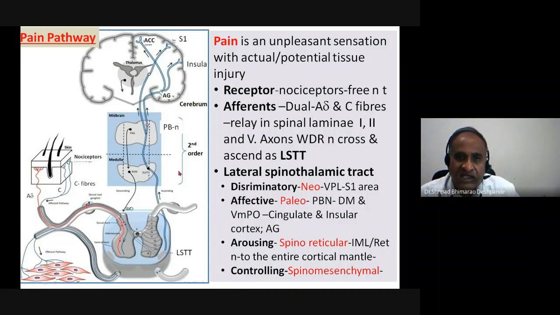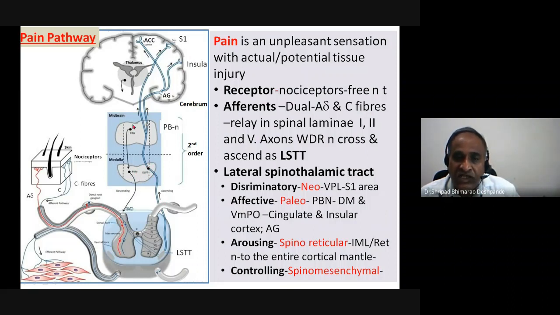The fourth is a projection to the periaqueductal gray in the midbrain. These are known as spinomesencephalic fibers. The periaqueductal gray and the spinomedullary, that is spinoreticular, fibers are relayed to the rostroventral medullary area.